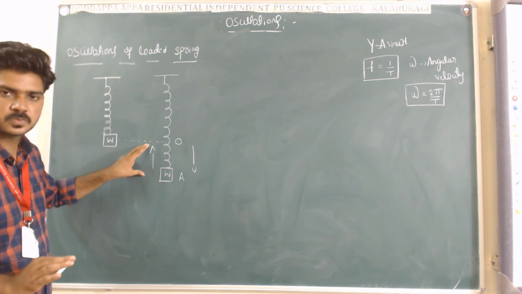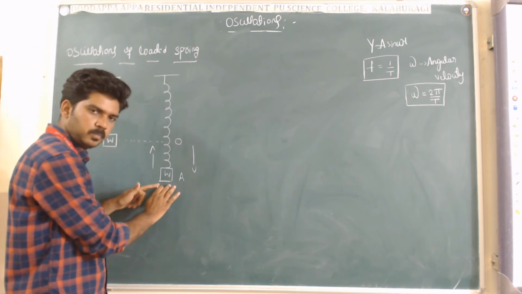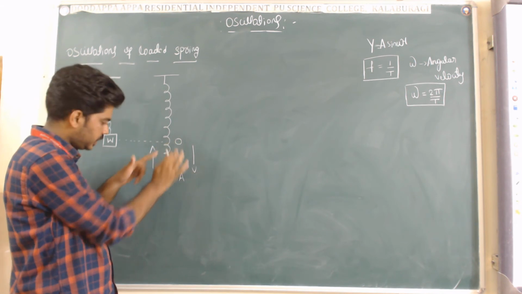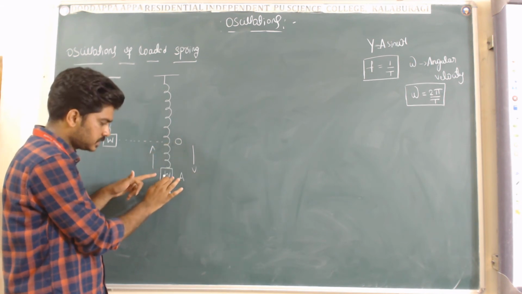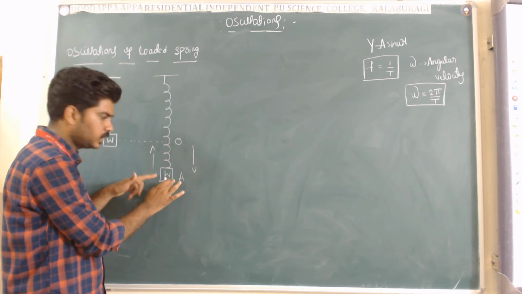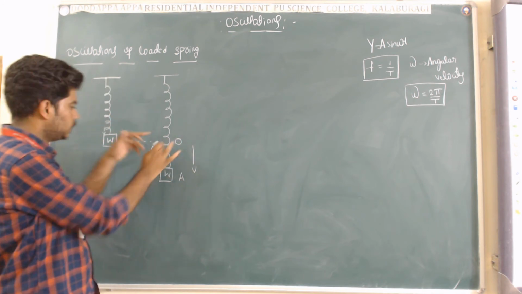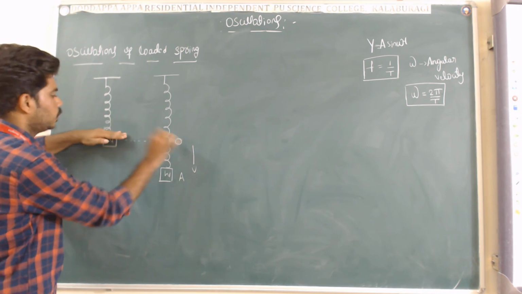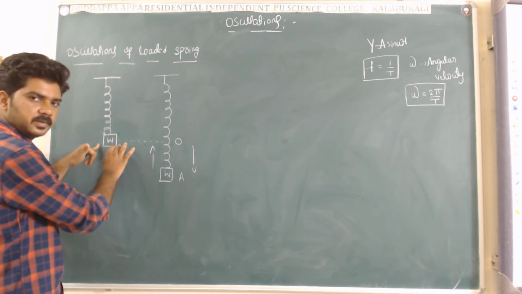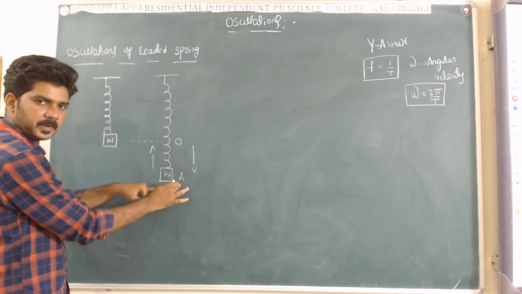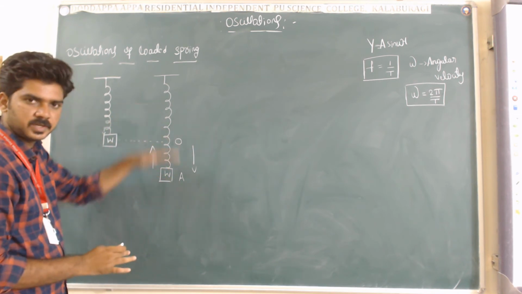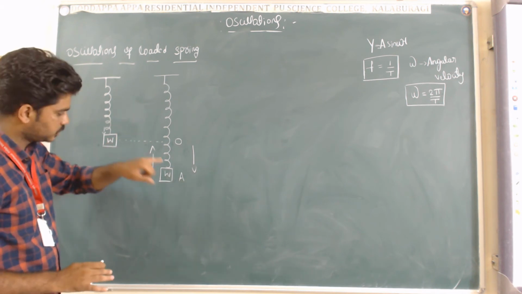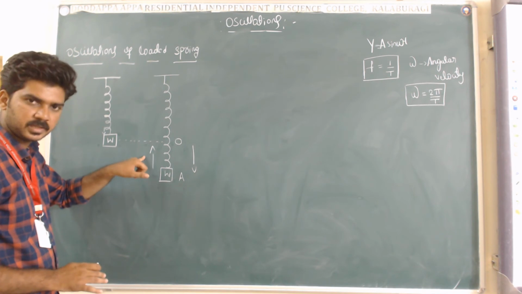Restoring force means the force which brings the body to its original position. Before applying the weight, the position of the spring was O. After applying the weight, it goes to the point A and starts oscillating. So while going from A to O, which force will it have?